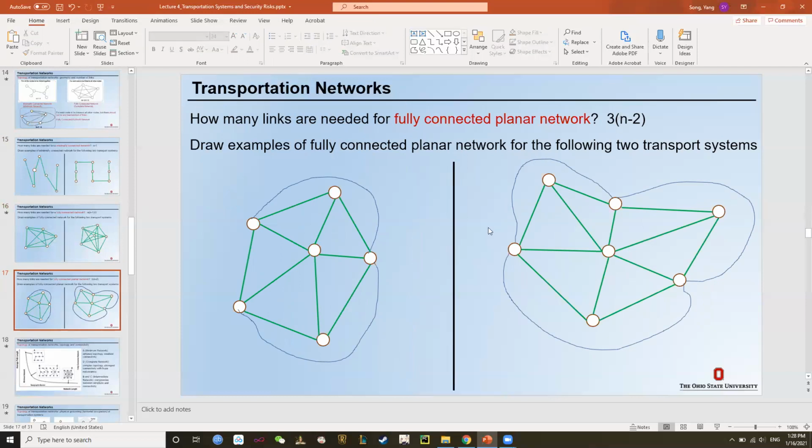Okay, I would suggest devising some questions, devising some scenarios for yourself, and try to connect these nodes using different requirements for different types of network, and see if you have done the work correctly.